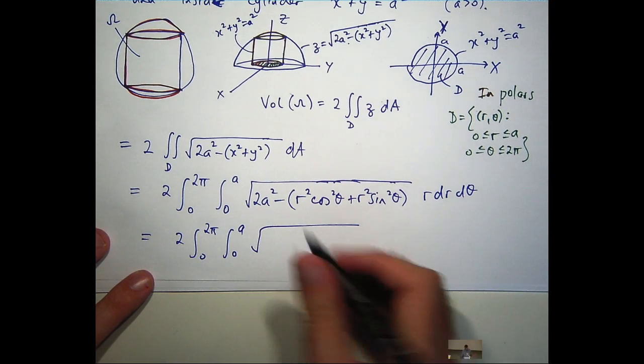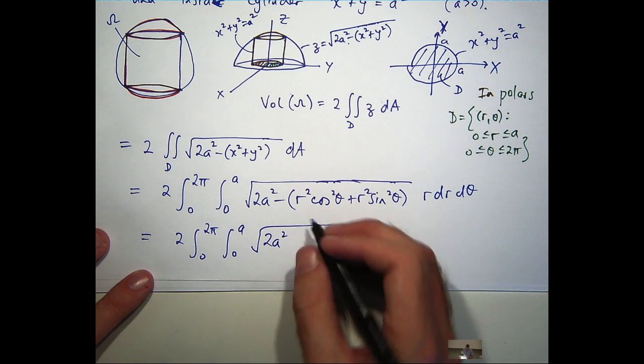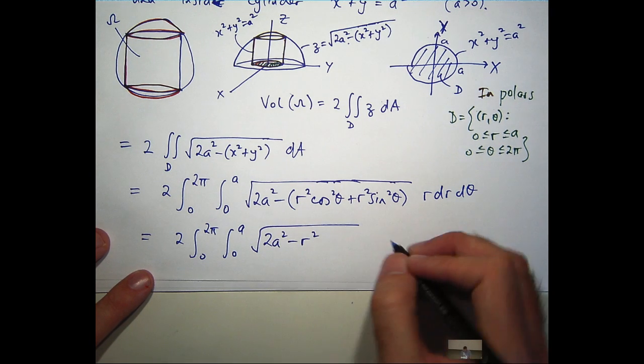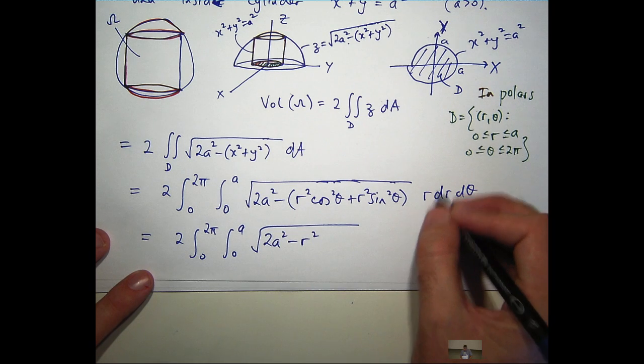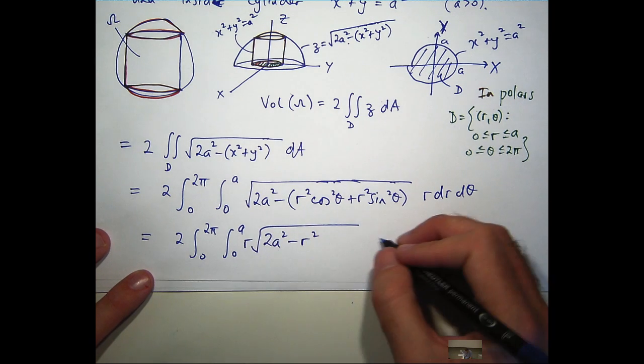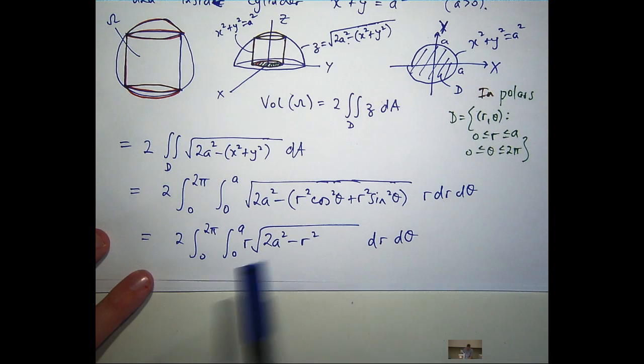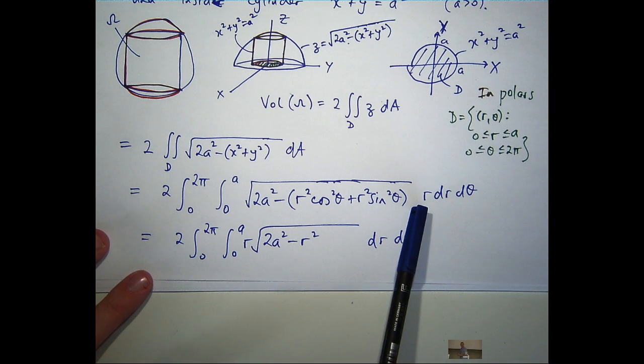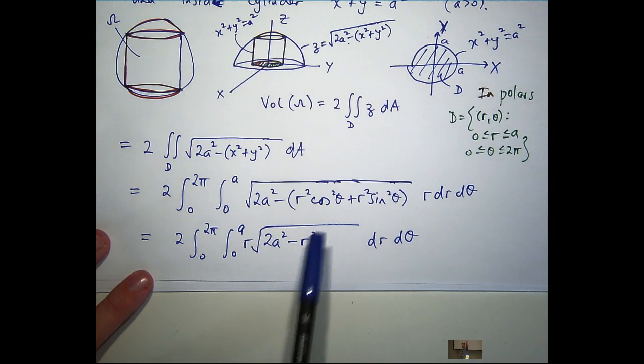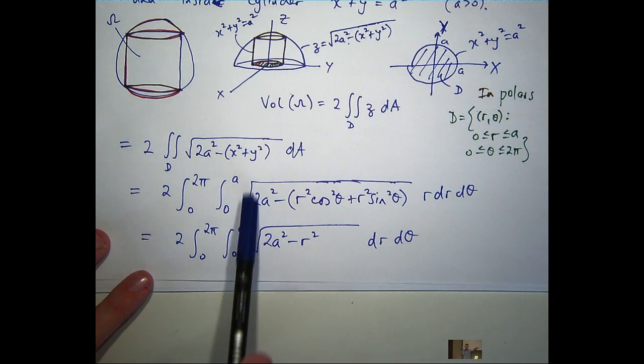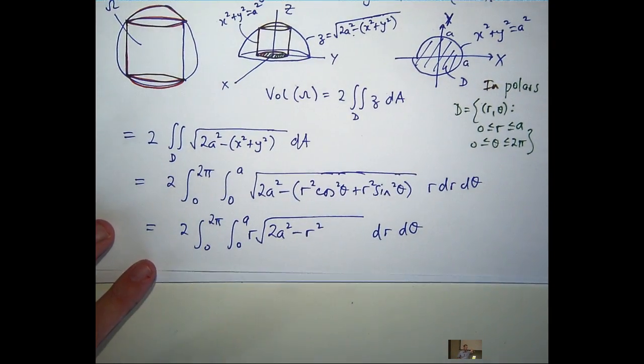So actually, I'm going to get root 2a squared minus r squared, and you've got another factor of r over there, so I'm going to put that down there. Now, a lot of students forget about the r. They forget about that factor of r. They just look at this and go, oh, I can't integrate that. So I'm going to bring it over to the front.